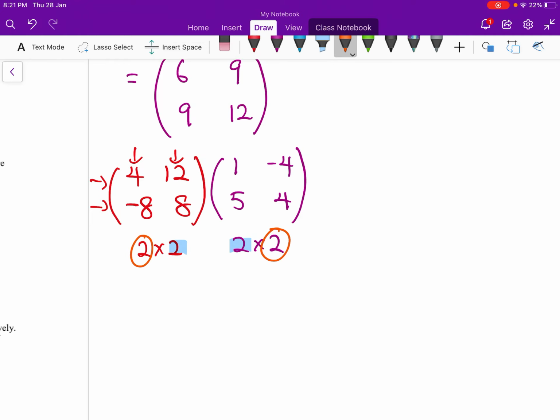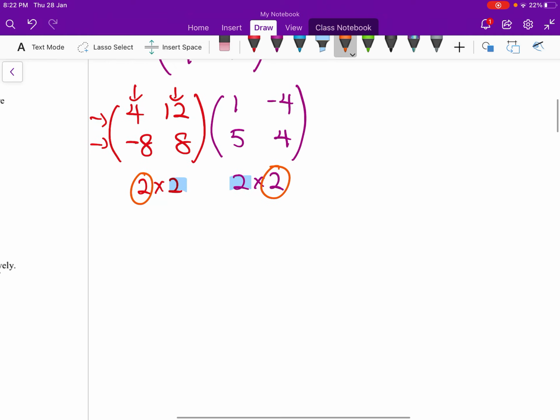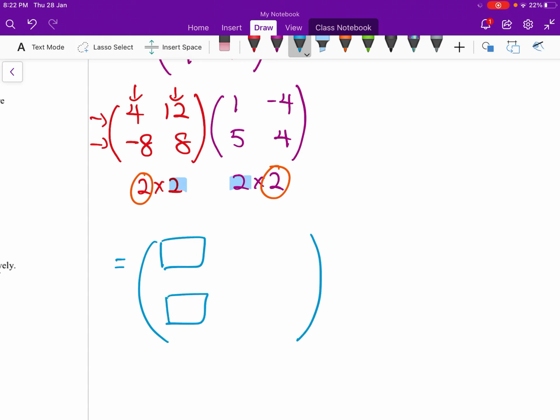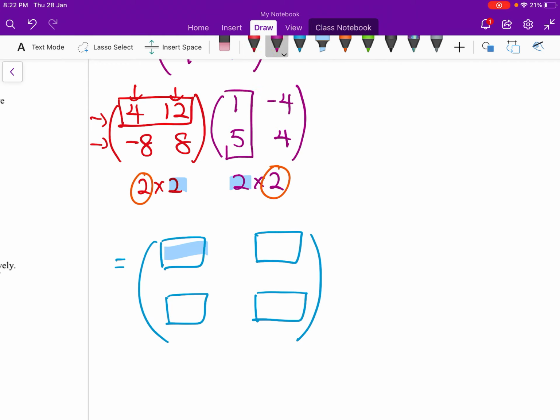First of all, how do we multiply? Very simple actually. Our resulting matrix is this, 1, 2, 3, and 4, 2 by 2. For the first element, this is first row, first column. Always start with the first row times the first column.